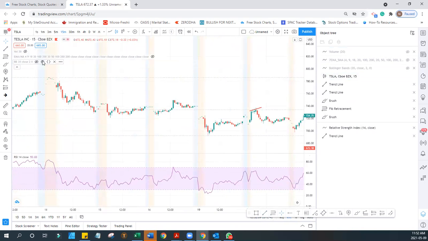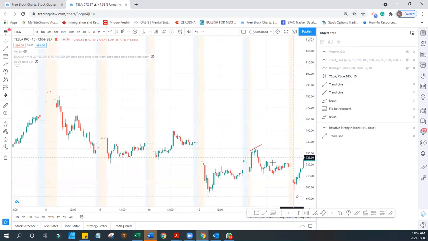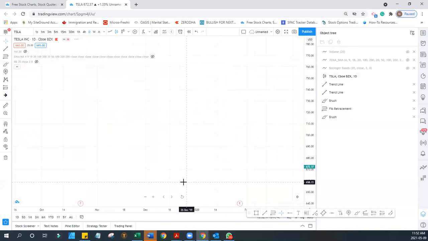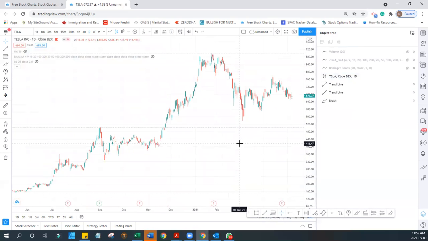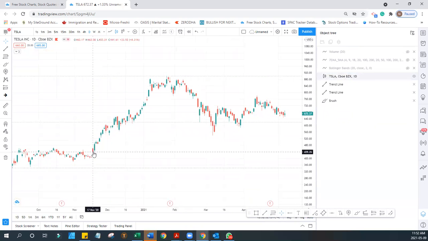So Fibonacci is nothing but going from the swing high to the swing low. For example, on a day trade, what is the last swing low? You can place it the way you want, but usually the way I do it is I go to the low, which was this one.